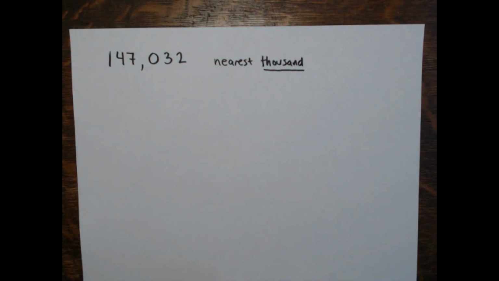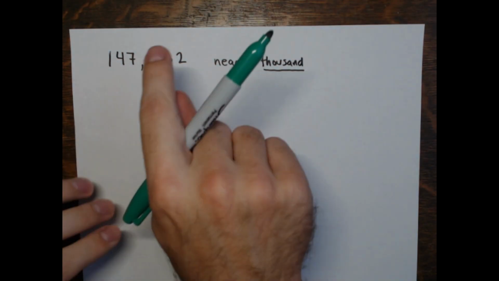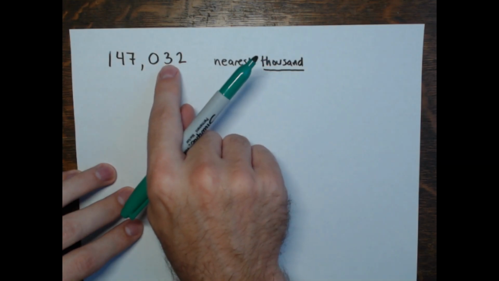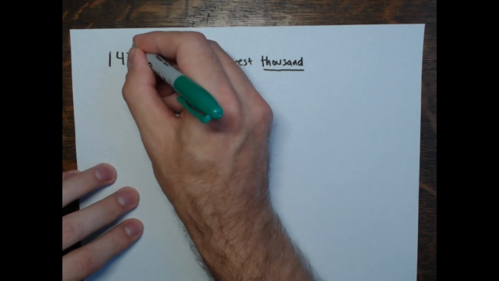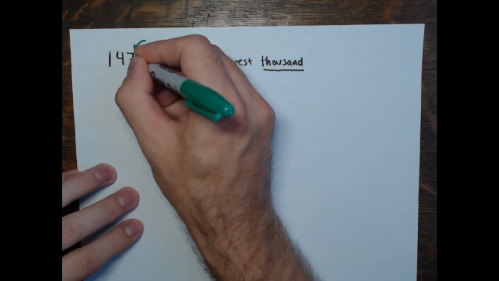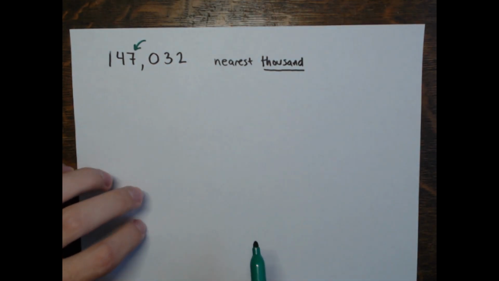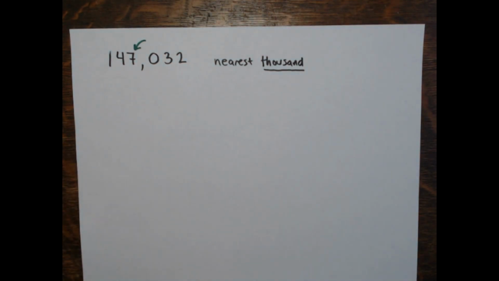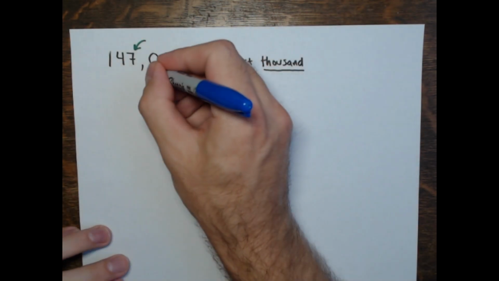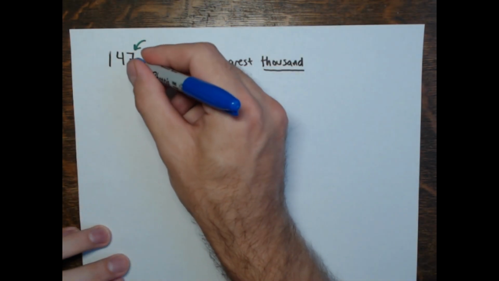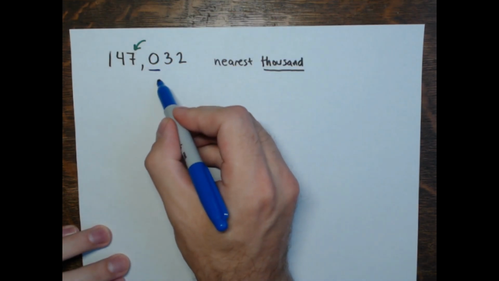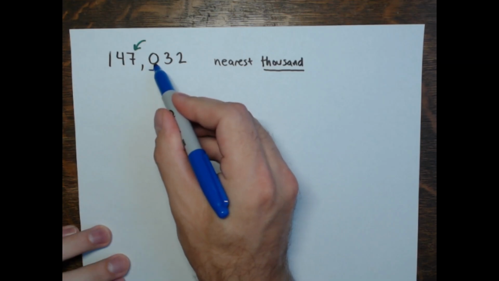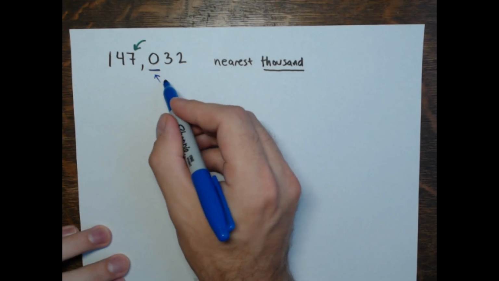So I locate the digit in the thousands place. So you got ones, tens, hundreds. There we are. All right. The 7 is in the thousands place. I underline the digit directly to the right of that in the hundreds place. This is 0, definitely less than 5.